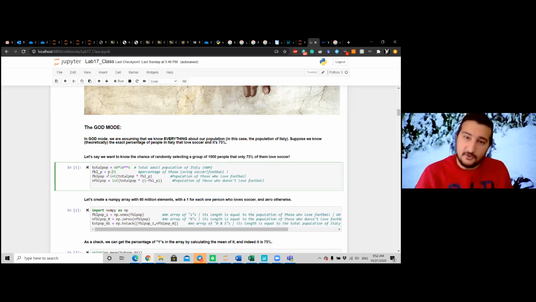The percentage of those who love soccer will be 75%. And then we are calculating the population of Italy that loves football by basically multiplying these 2 numbers. And then the rest will be the population who doesn't love football. Is that clear?